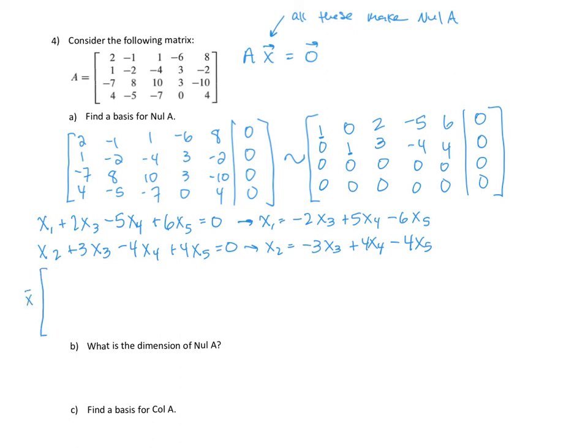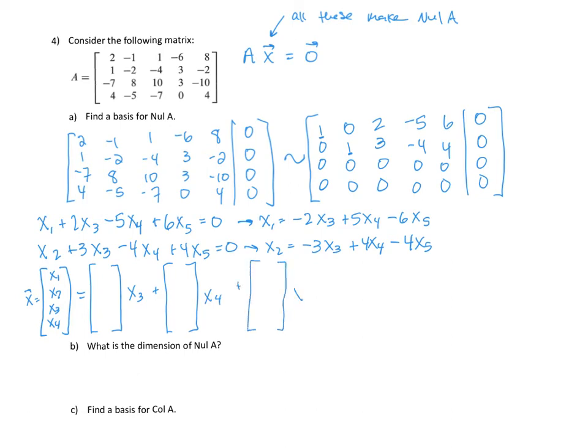So x is what I'm looking for. That means (x1, x2, x3, x4, x5) equals, I need to make a vector for each free variable. My free variables are x3, x4, and x5.